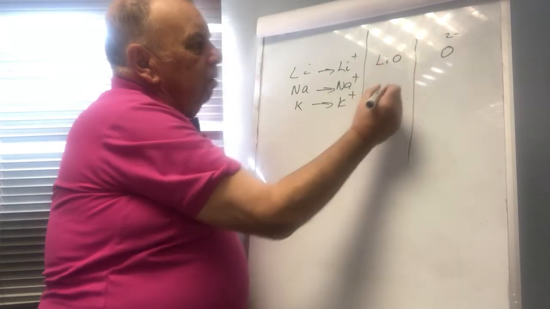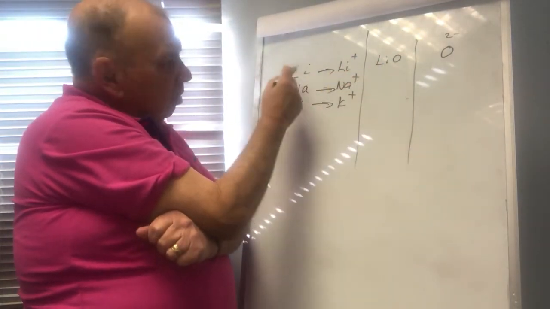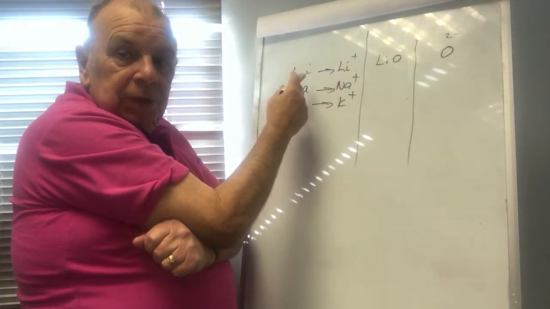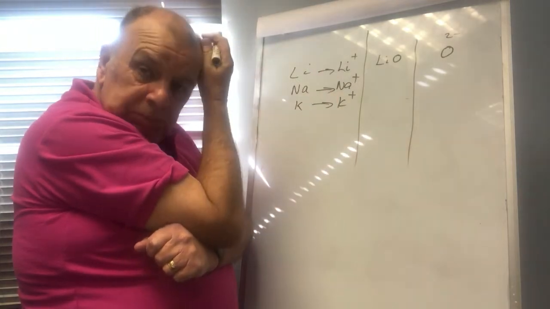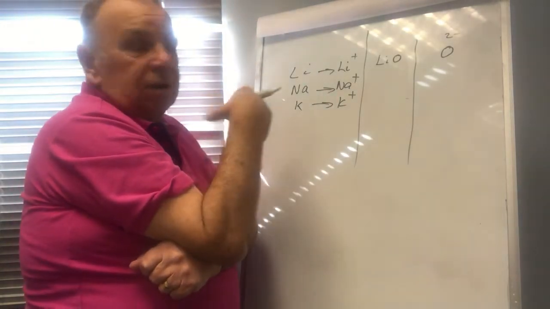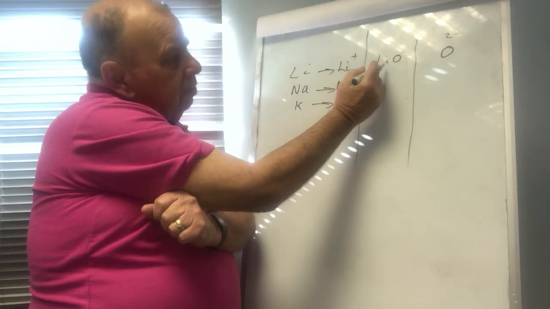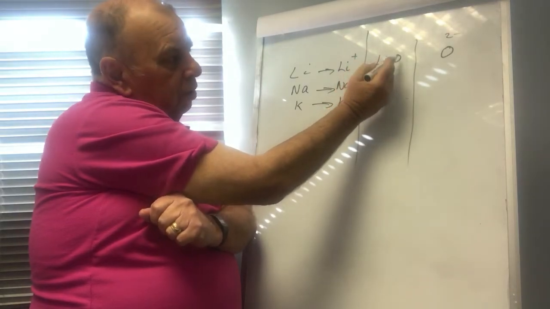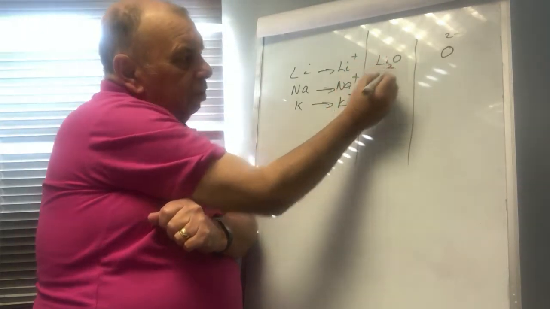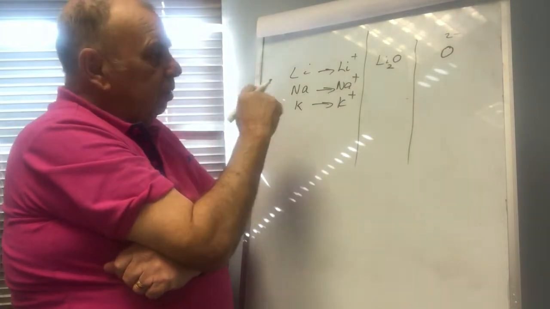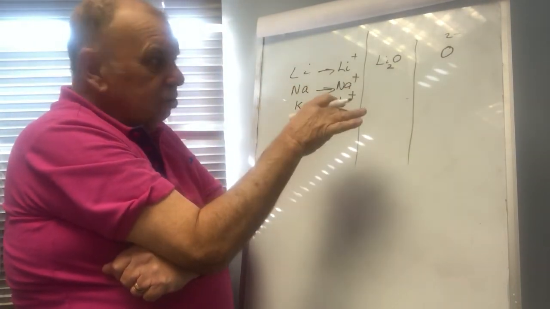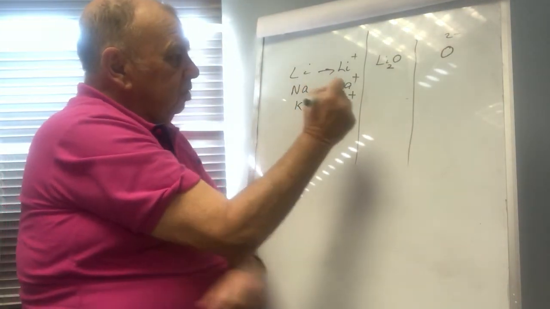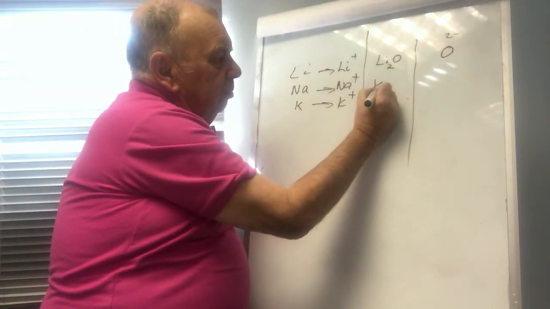LiO, but we know this, that lithium has got a valency of 1, therefore how is it going to have that charge on that, so I'm going to put a 2 there, so that is the formula of lithium oxide.